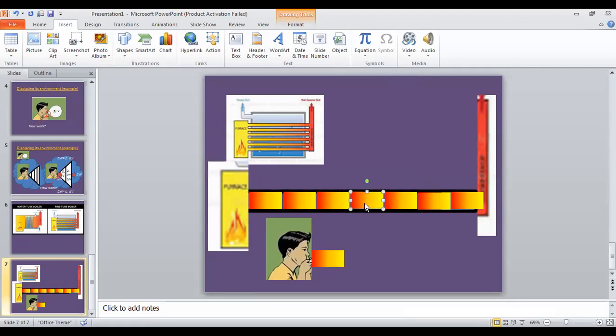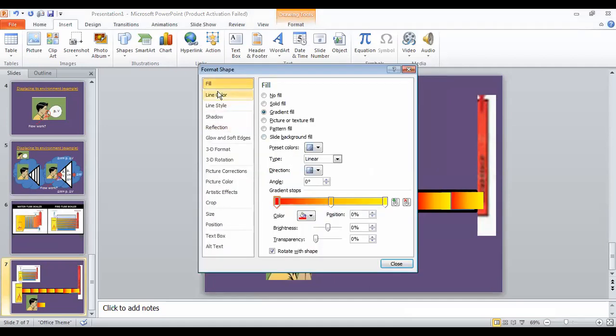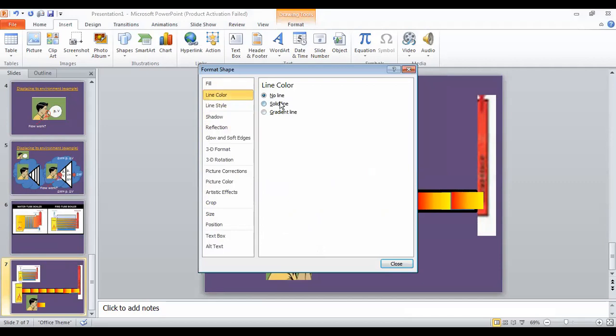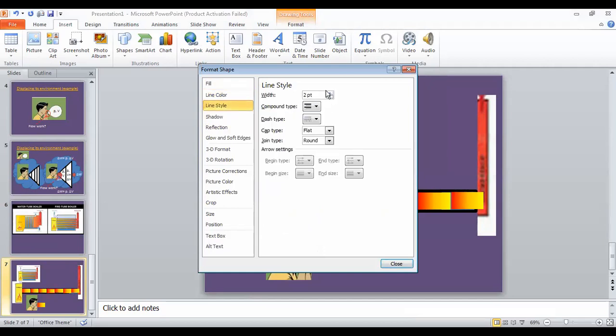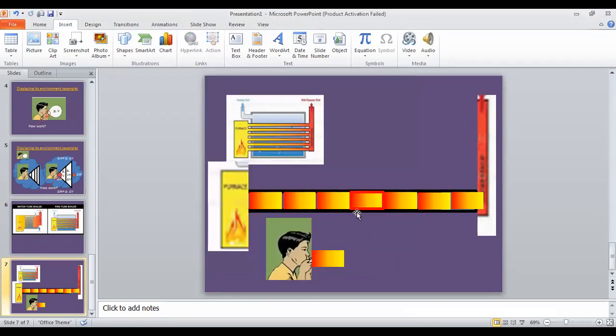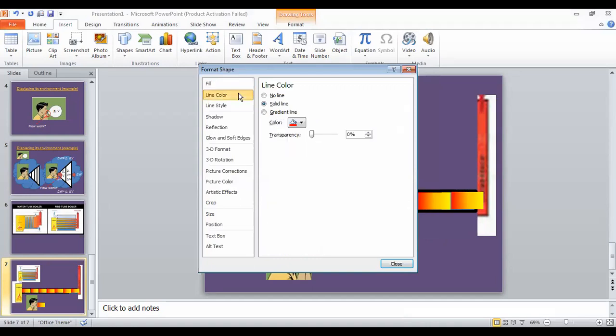I take the middle one. Just this one. Maybe I will take line color, maybe this one.